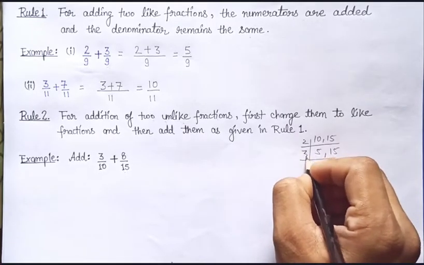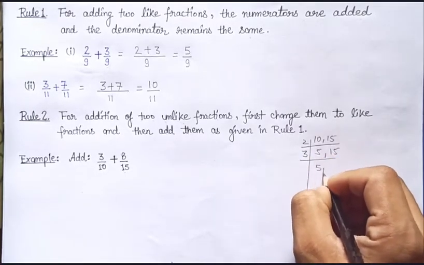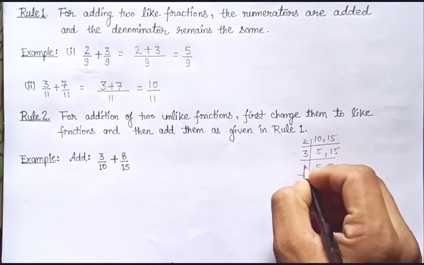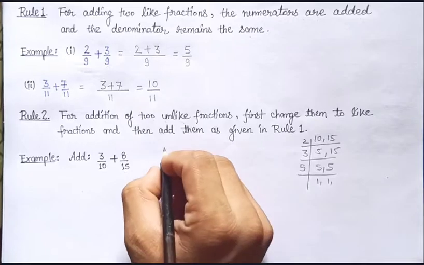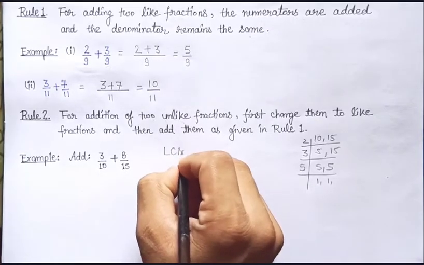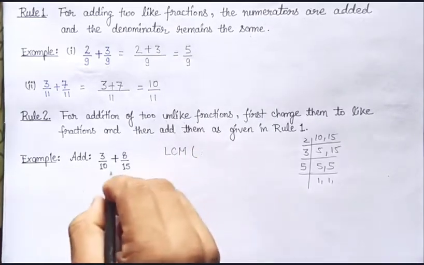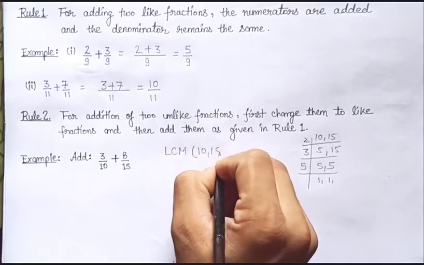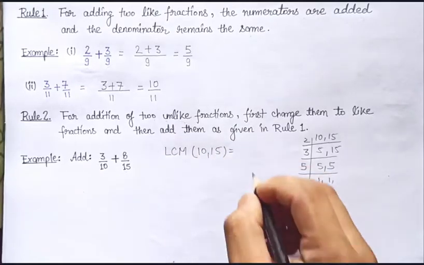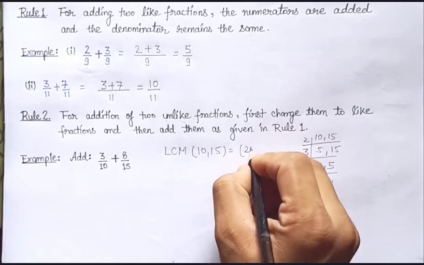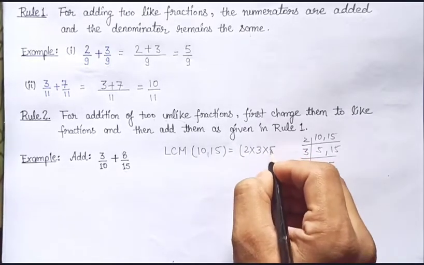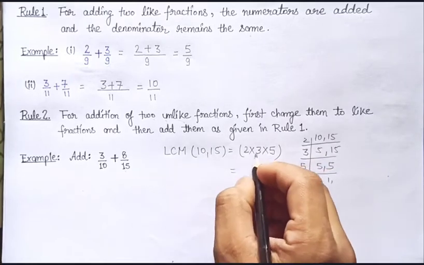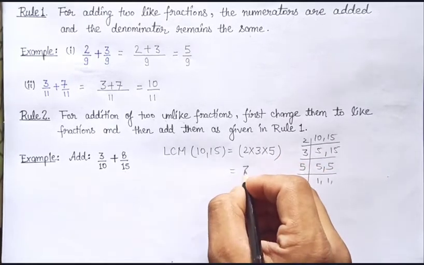When we divide by 3, it comes out to be 5 and 5. Again when we divide by 5, it comes out to be 1 and 1. So we can say the LCM of 10 and 15 equals the product of 2 into 3 into 5. 2 into 3 is 6, 6 into 5 is 30.